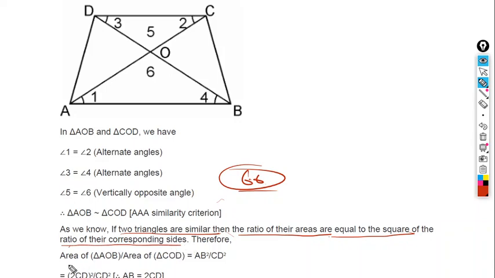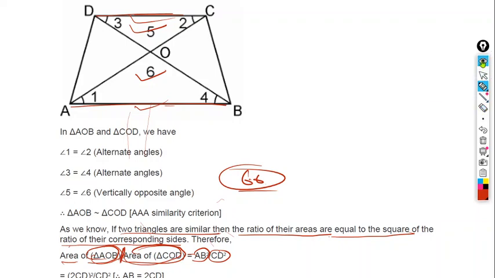So area of triangle AOB divided by area of triangle COD will be equal to AB square by CD square, because AB is a side and its corresponding side is CD.